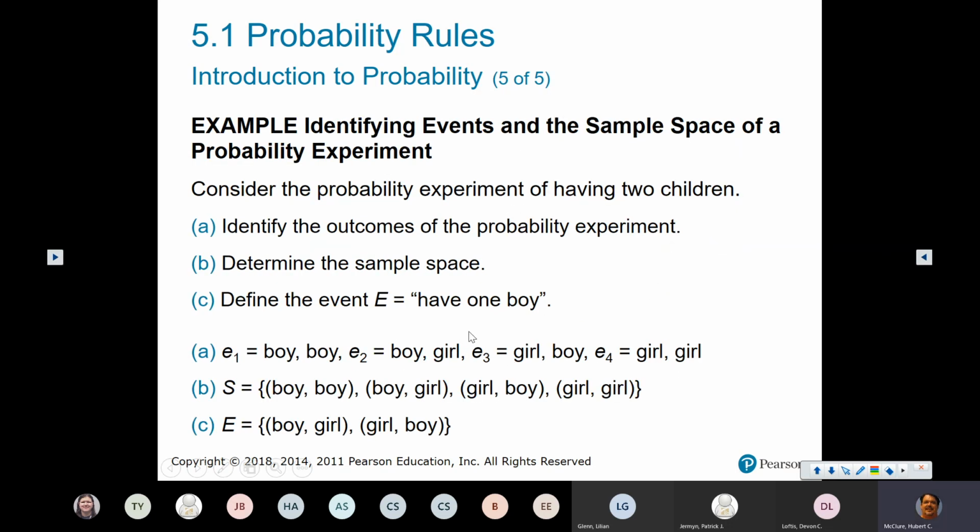There's the sample space. Boy, boy, boy, girl, girl, boy, girl, girl. The event is having a boy and a girl. There's the event. Oh, I'm sorry. At least have 1 boy. Okay, so that would be boy, girl, boy, boy. I meant girl, boy.